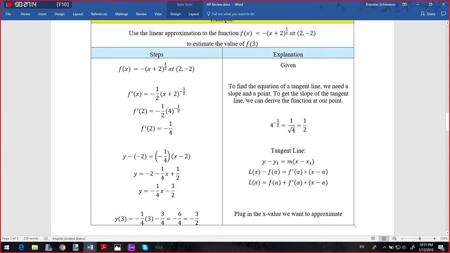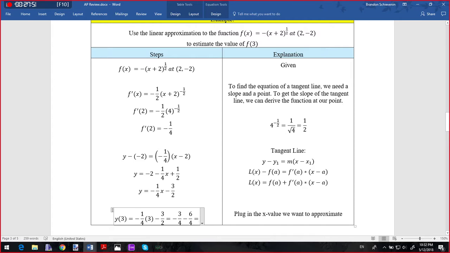So that's negative 2 is negative 4 over 2, plus 1 over 2 is negative 3 over 2. So this is my general equation of my line. And then when I plug in 3, I'll get this. So I've got negative 3/4 minus 3/2, which is the same thing as negative 3/4 minus 6/4. There we go. So what should my final answer be?